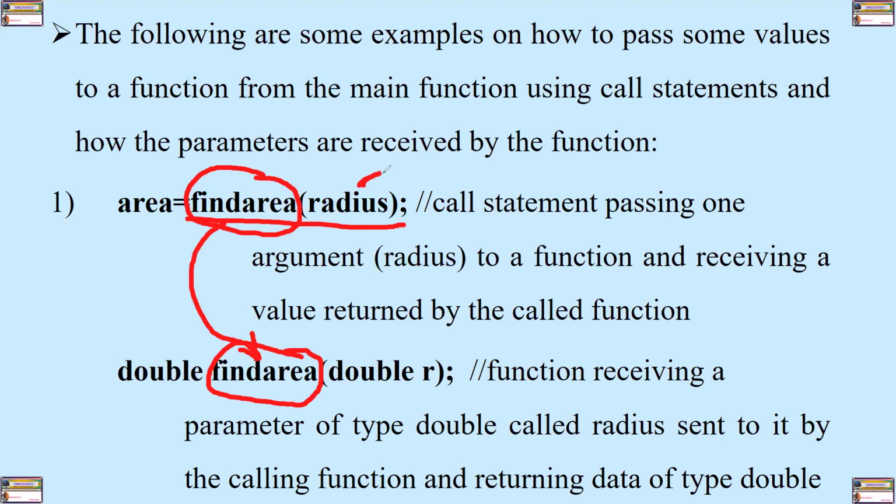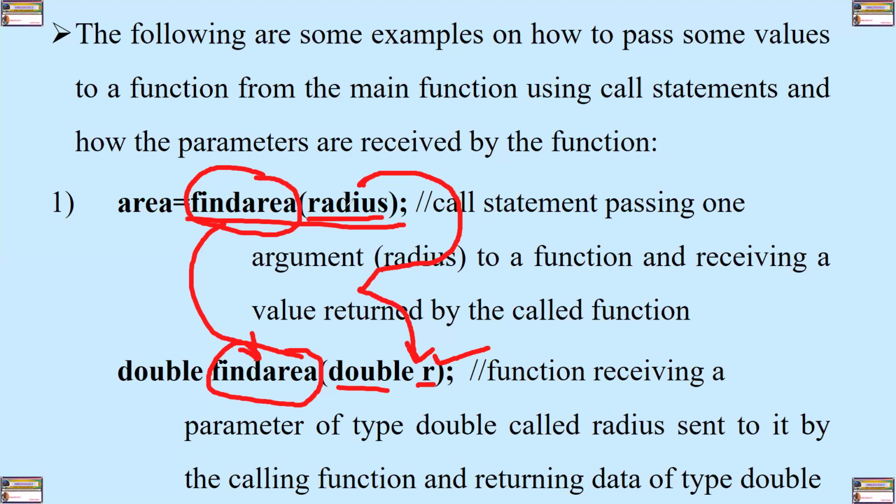The value in the memory location called radius, the one which is being passed, will be taken directly all the way to where the function called find area is, and the value will be dropped in the parameter called R. Just as I've said, whereas in the calling statement our argument is called radius, in the receiving function's prototype it is called R, but the type is double, meaning that the value which is going to be received by this parameter R must be of type double.